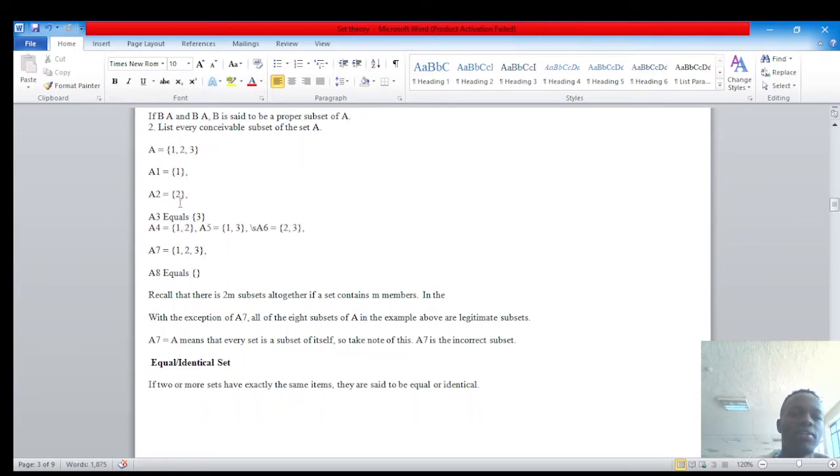We said 1, 2, then we said subset A3 equals 3. So this 3 can be a subset, or this 1, 2, 3 is a subset, or 3, 2, 1 a subset. As long as those elements in a subset are found in set A, which is the main set, that's a subset. But it cannot be an empty set. So we cannot call an empty set a subset.